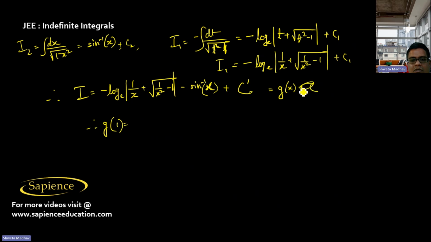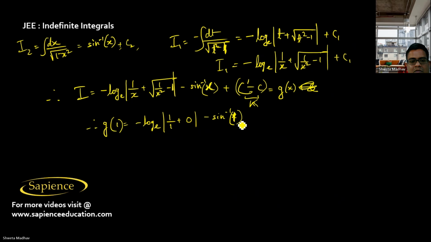So g of x will be this, with constant c minus c dash. So some constant it is, let's call it k. So g of 1 will be minus log base e of 1 by 1 plus 0 minus sine inverse of 1 plus k. So that is equal to 0, it is told.